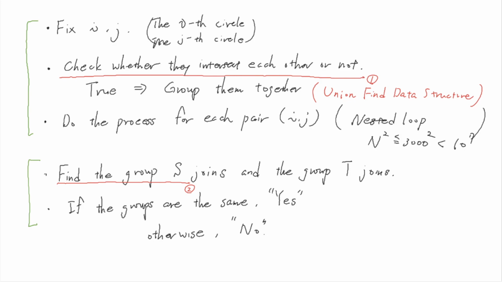But if it is false, you don't do anything. And do the same process for each pair of i and j.